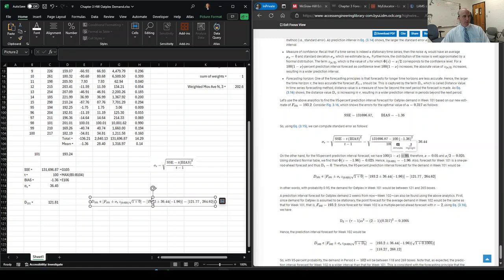I believe if we use these exact numbers, 193.2 with no other decimals, 36.44 with no other decimals, et cetera, we would get those same numbers. So this is the lower bound, and for the upper bound, instead of adding here, we're going to subtract. And that's where that plus or minus is right there. We're going to subtract, and that's going to give us the upper bound of 264.68, which is very close to that.